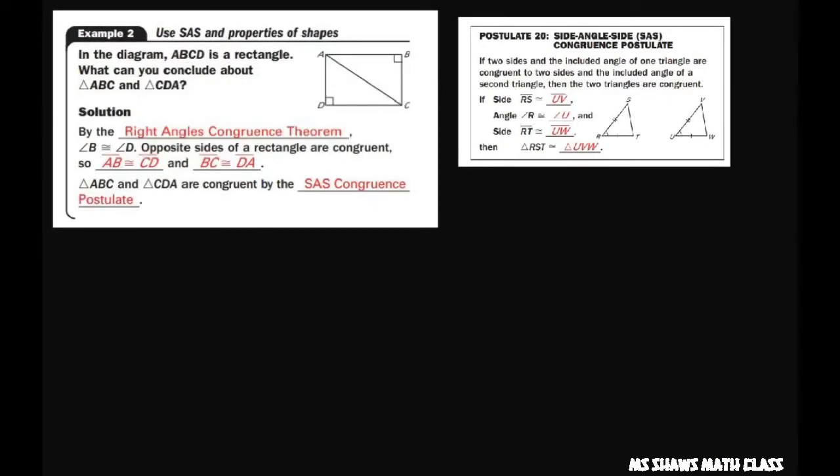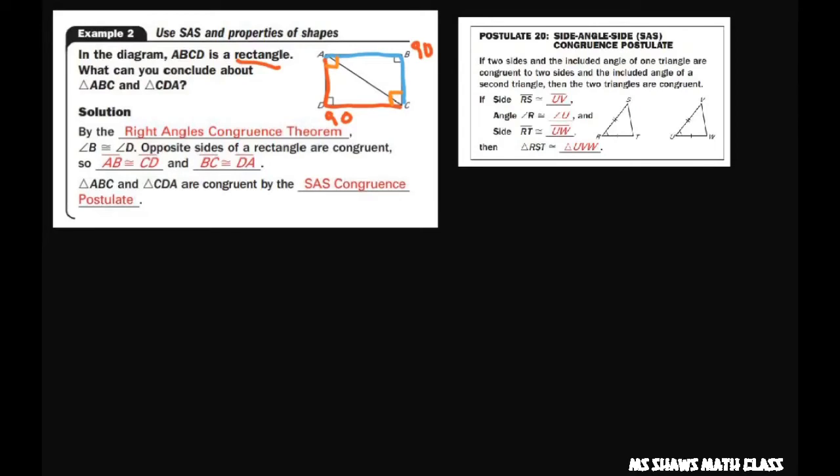All right. What can you conclude about triangle ABC and CDA? So basically, we know the opposite sides of the rectangle are congruent because this is 90 degrees and 90 degrees. And we know that it's a rectangle, so we know that all of these are 90 degrees. I don't know if that matters.